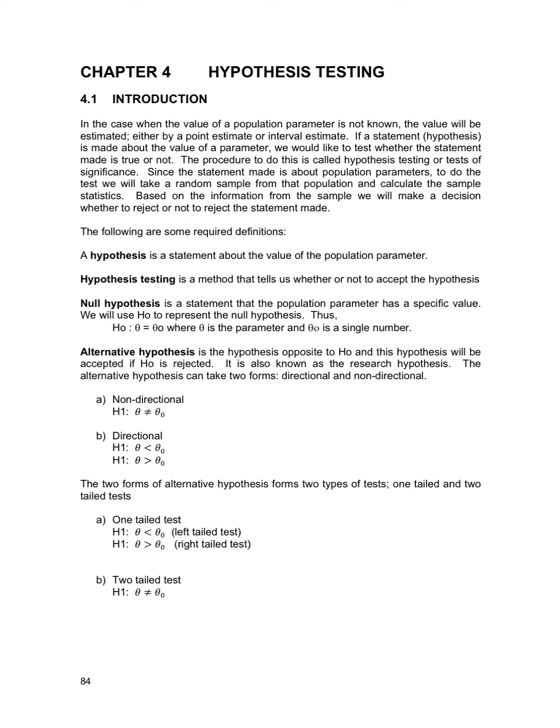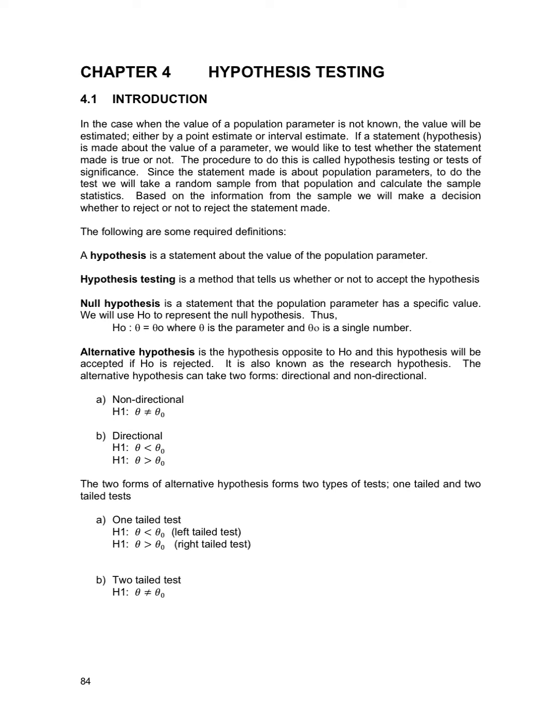So, in conducting hypothesis testing, there are a few steps. But before that, let's take a look into some definitions that you need to understand under the hypothesis testing topic.